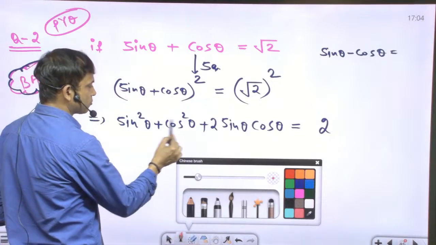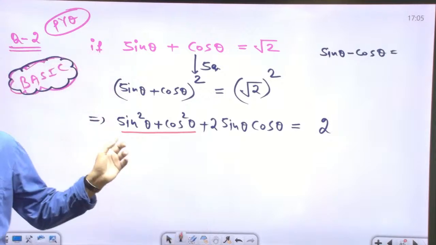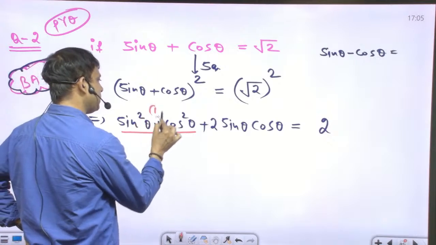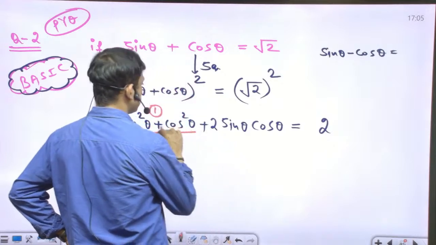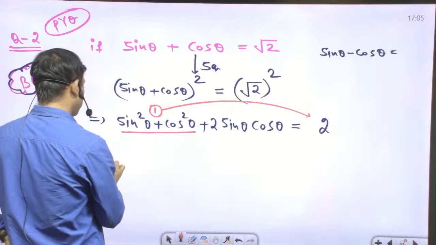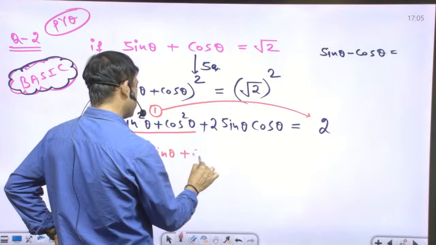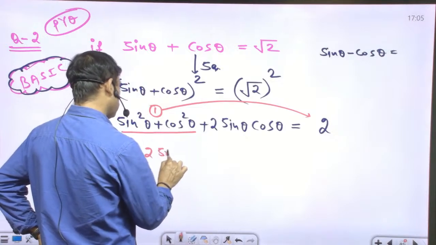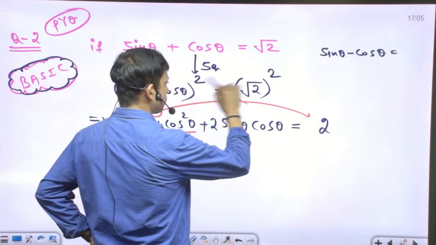Sin square theta plus cos square theta, by the identity, the value will be 1. So this number will be 1. Now shift this number: we get 2 sin theta cos theta equals 2 minus 1.